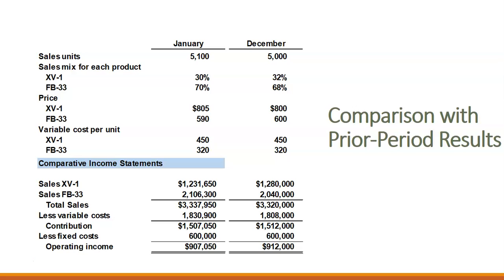So it couldn't be offset by the fact that the other product had a $5 increase. We still had reduced operating income because of the combination of our sales mix and the price changes for these two products.